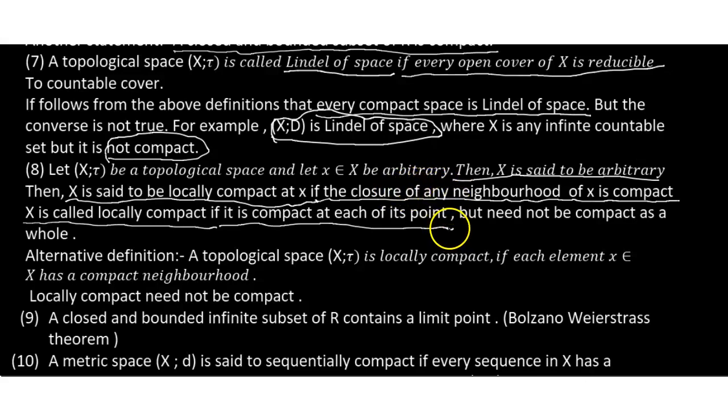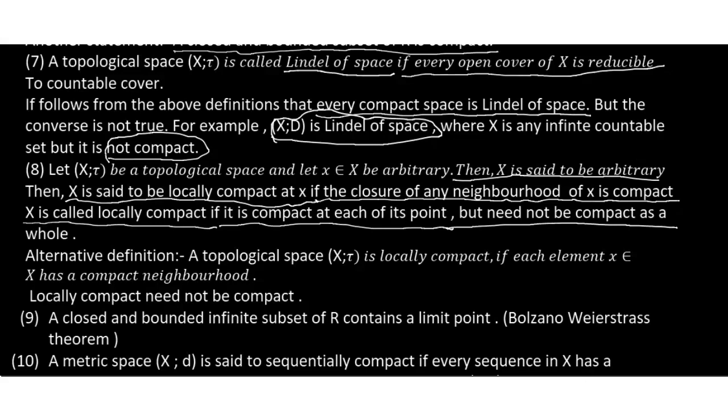What is locally compact? A locally compact set is one where the closure of any neighborhood of x is compact; friends, I have already told you what closure is.